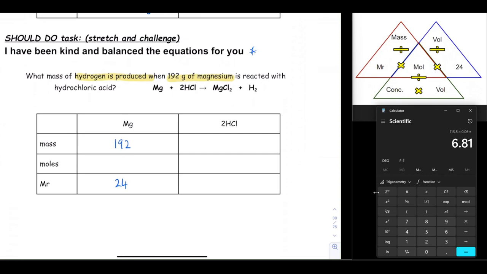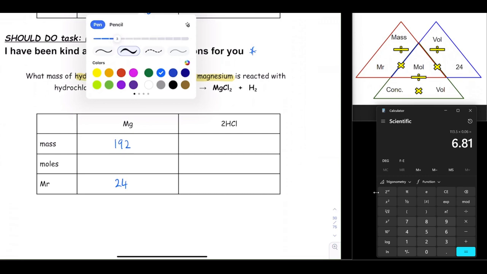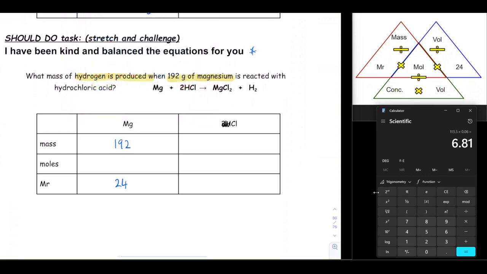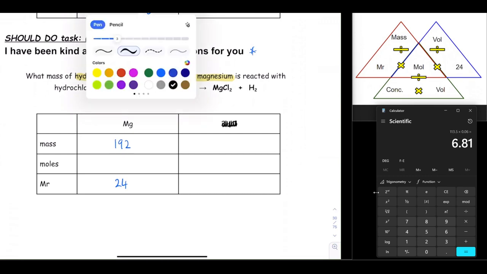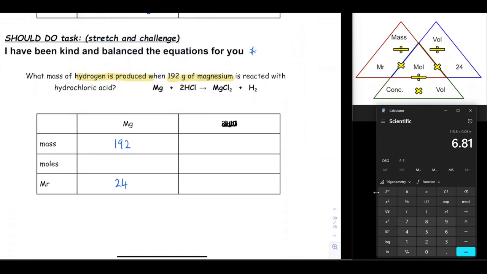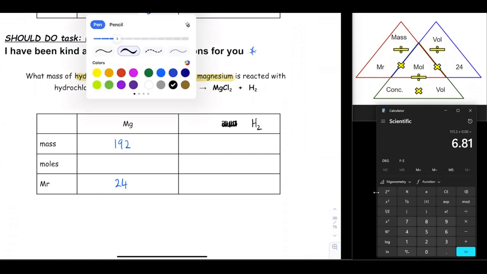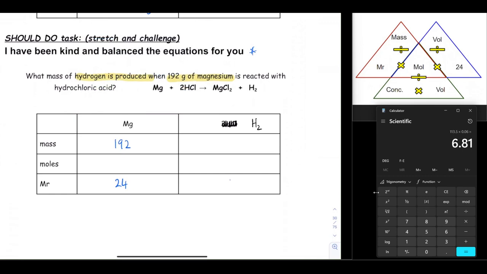Silly me, I don't need to have the hydrogen chloride in here. I need to have the hydrogen because it's saying what mass of hydrogen. So I can work out the relative molecular mass of hydrogen. Hydrogen is 2 because it's 1 times 2.